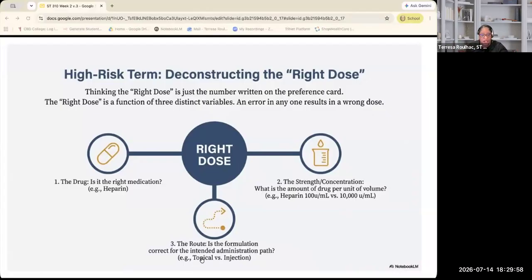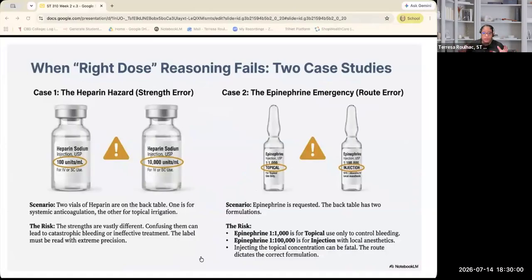Now, we're going to hone this in multiple times in this course, but it's being introduced now. We've got to put our medication safety mindset into actual practice. I want you looking for risks. You've got heparin, 100 units per mL versus 10,000 units per mL.